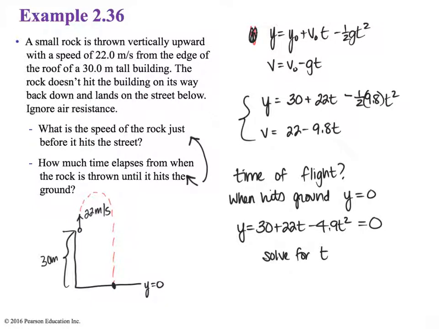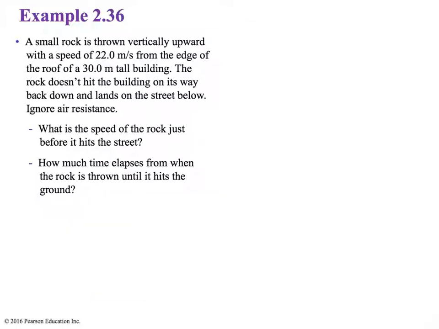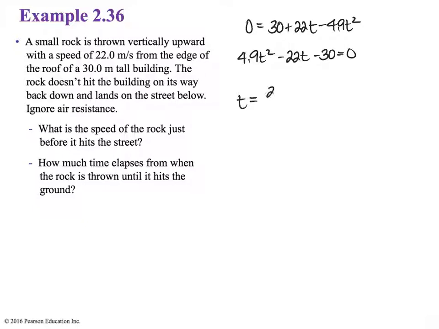from this equation. And if you're thinking that I have to use the quadratic equation, you're right. So I'm going to go over to the next page so I have a little more room. And so I had 0 equal to 30 plus 22t minus 4.9 t squared. I'm going to multiply by a -1, so I get 4.9 t squared minus 22t minus 30 equals 0. And I'm going to solve for t using the quadratic formula.